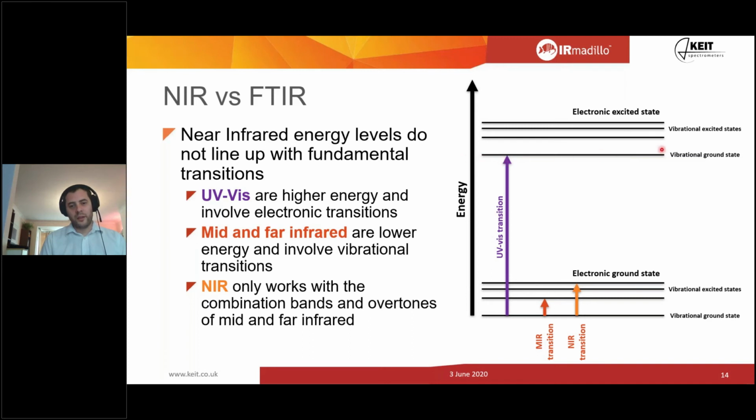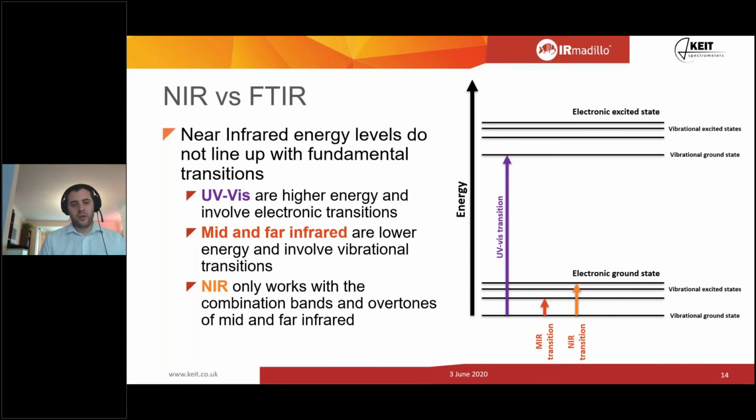You'll notice we're still in the vibrational ground state up here, but we just jumped up an electronic state. For mid-infrared, we start in the vibrational ground state and jump up to the vibrational excited state. In both these cases, we've only gone up one rung on that ladder, which means it's very easy to understand what has happened and what's caused that to happen.